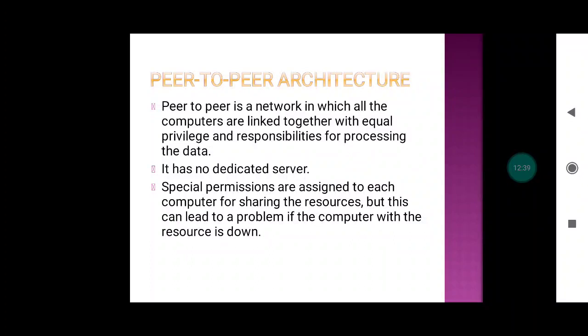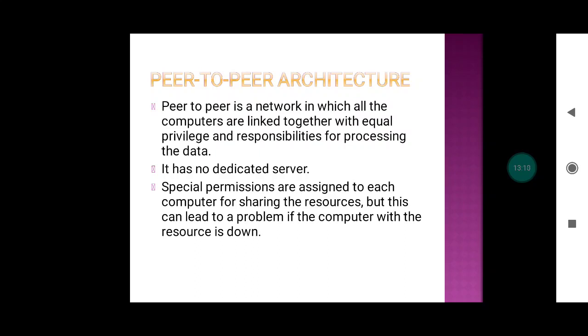Each device or node is assigned some responsibilities and authorities through which it can access some data and resources of another computer system. It has no dedicated server. So we do not need a server in order to communicate with each other. If one device wants to communicate with another device, they can communicate directly without the involvement of any server.